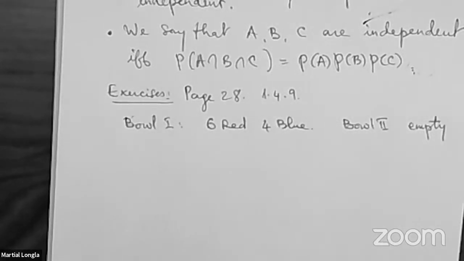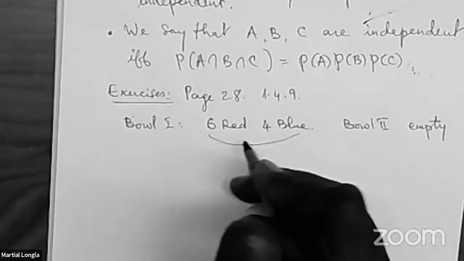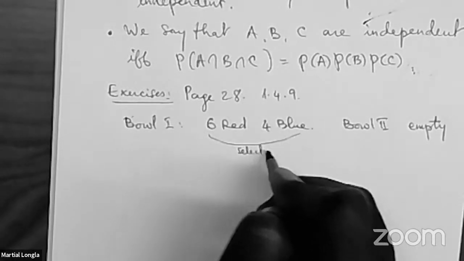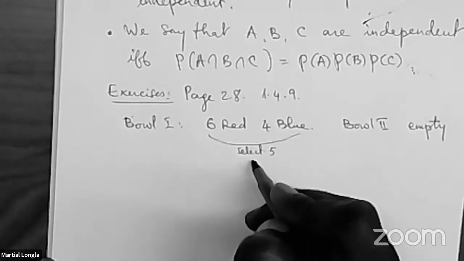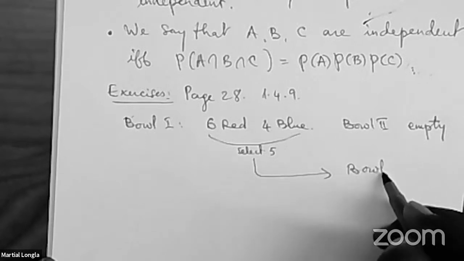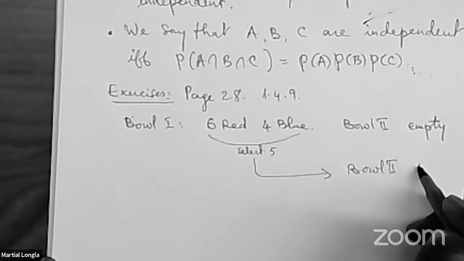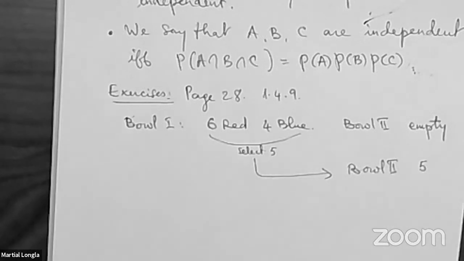And from the 10, randomly without replacement, we select 5. When you select 5, put them in ball 2. So now here we have 5, and we don't know the color, because they were randomly selected from ball 1. Does that make sense?